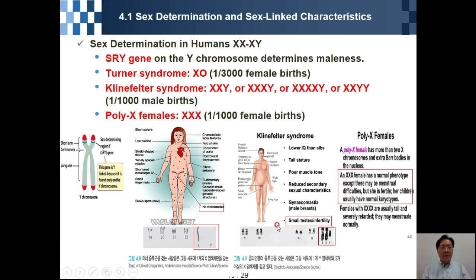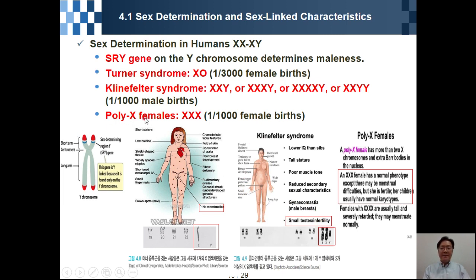But they have very small testes, and they show infertility. Their phenotype is male, but they are infertile.